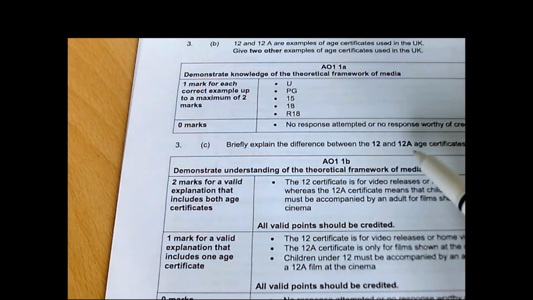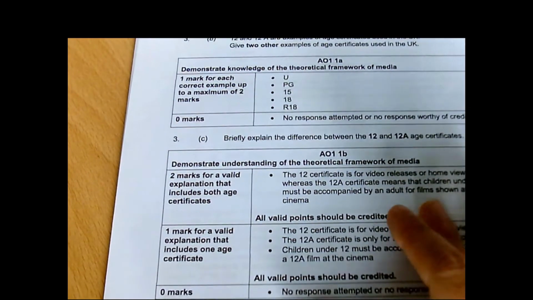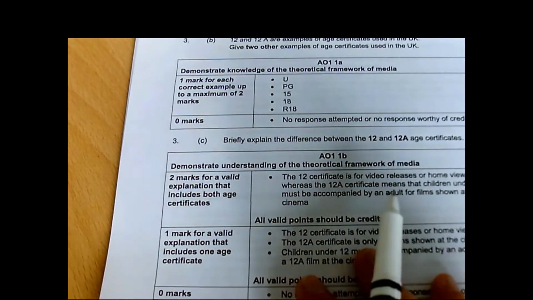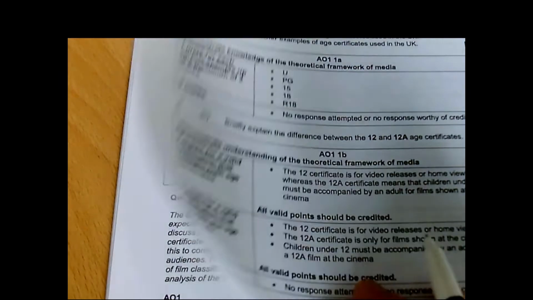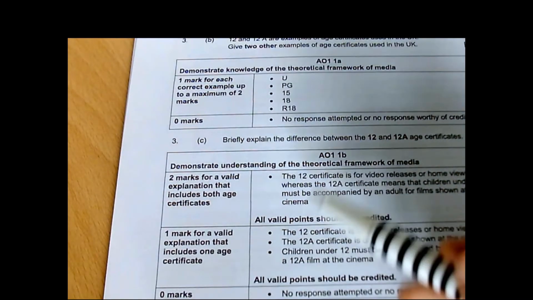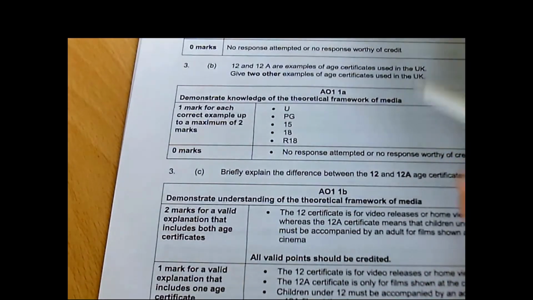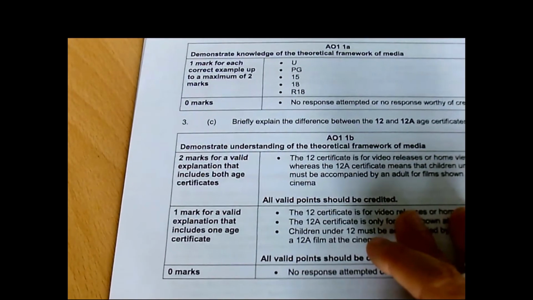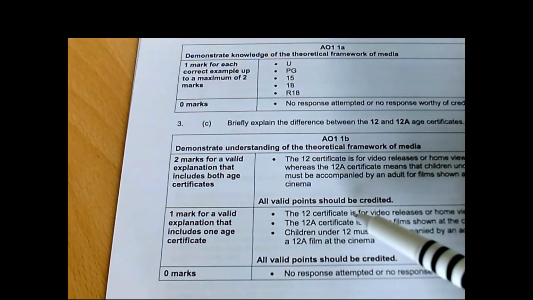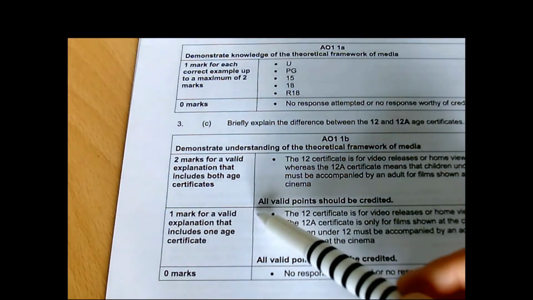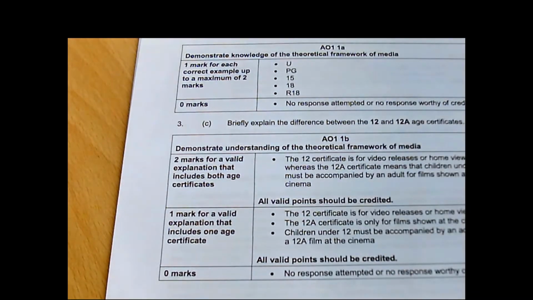Okay, explaining the difference between the 12 and 12A certificates. This needs a bit more explanation. We don't have indicative content for this, so you're only using the grid. Right, so you would get 1 mark for any explanation that includes 1 certificate.